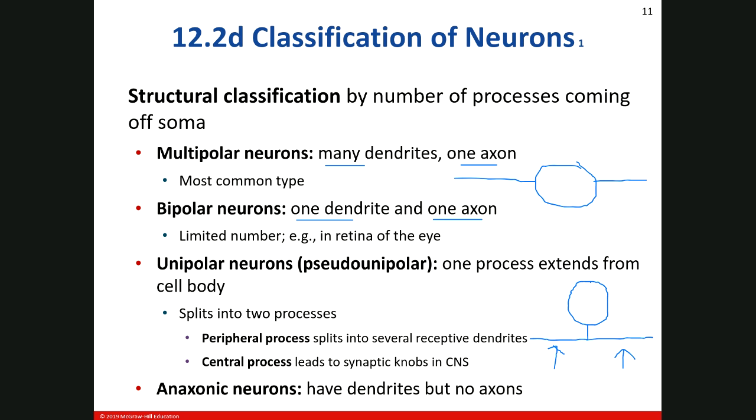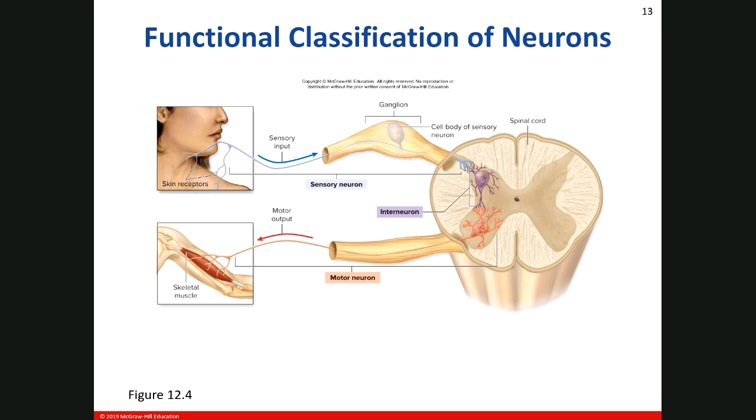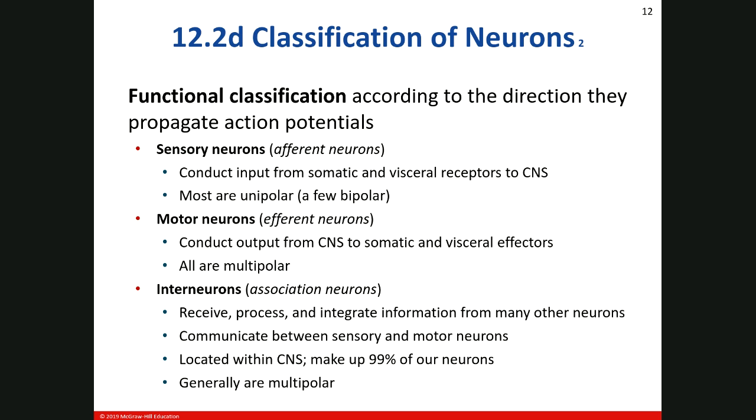What's the dorsal root ganglia? This right here. Dorsal root ganglia is this structure right here. It's in close proximity to our spinal cord, okay? But our sensory nerves are a unipolar type of neuron, all right? More on that later.